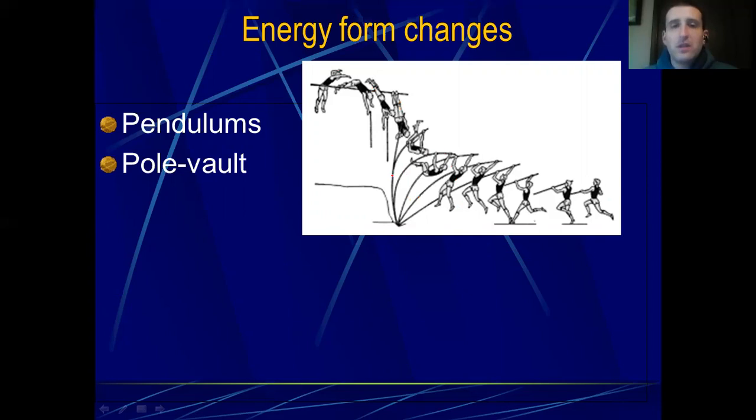The energy has been converted into his height, and he wants to jump as high as he can over that bar. He even goes over the bar in such a way that his center of mass, remember we discussed that last chapter, might not ever get over the bar, but his body gets over the bar, and, you know, ultimately the energy is about his center of mass.